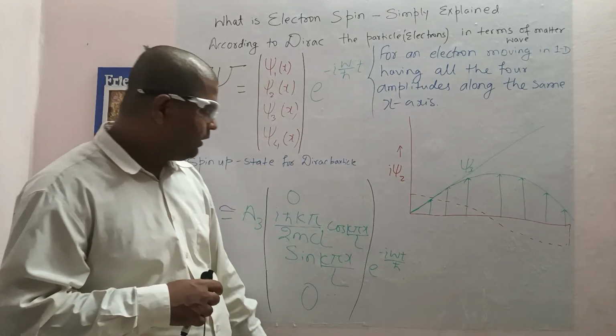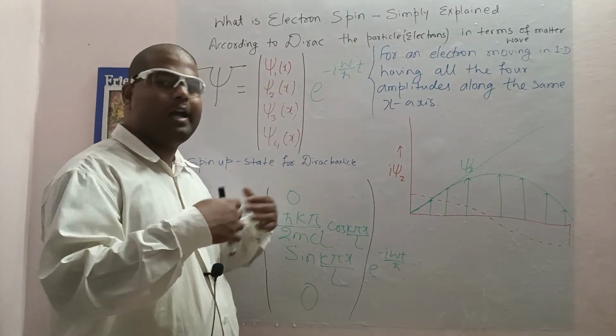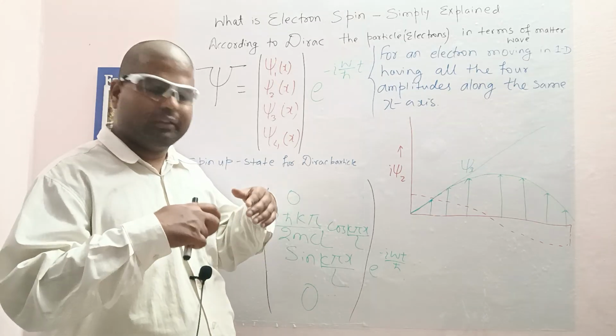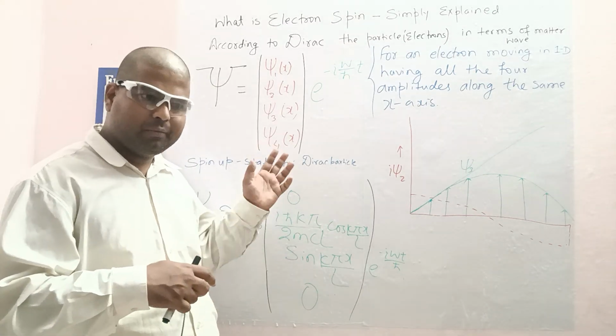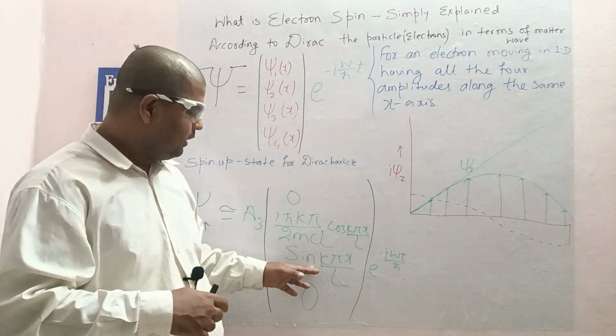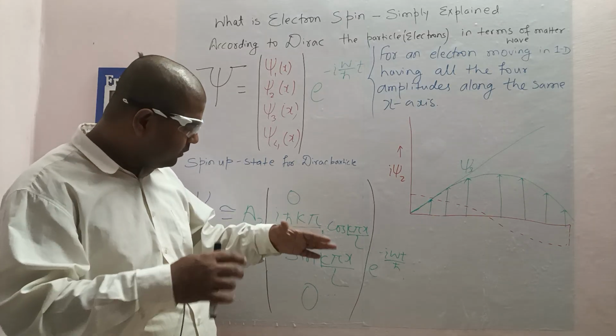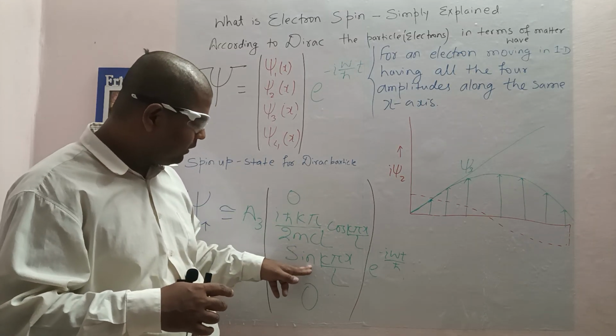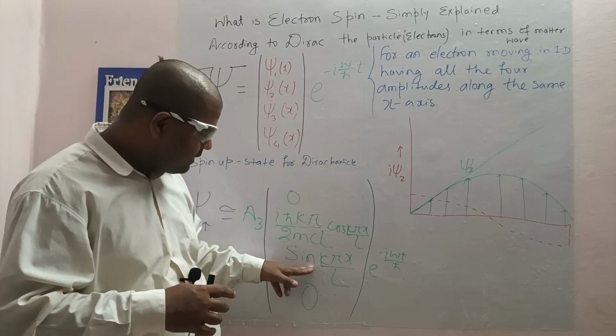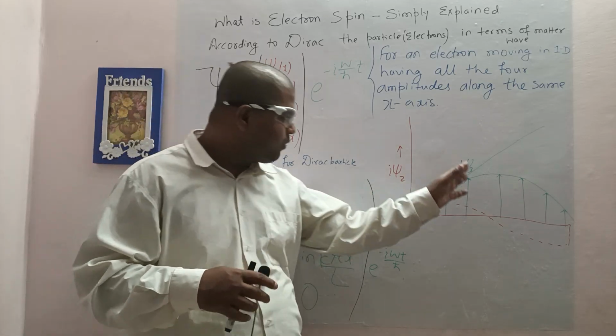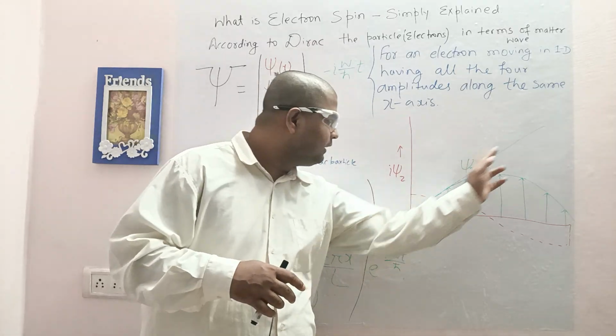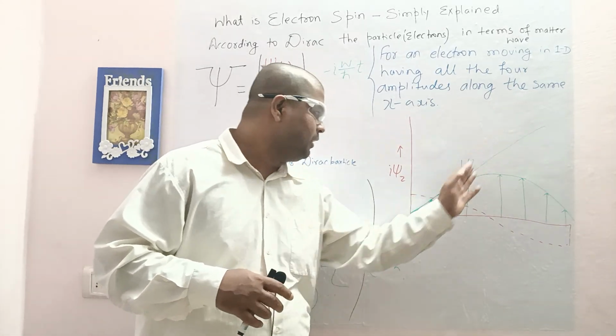This time the bigger vibrational amplitude, the component of the matter wave representing the electron vibrating at larger scale, is the third one, and it is shown over this greener wave.